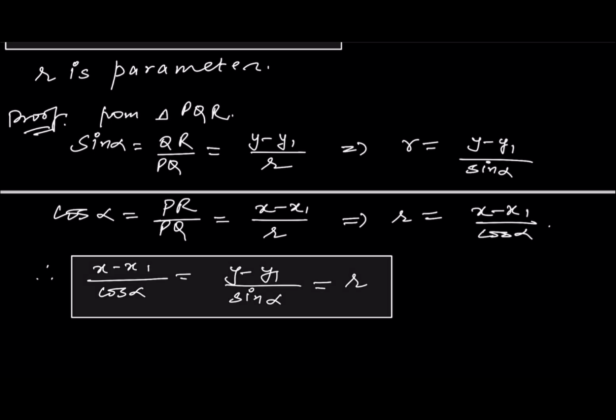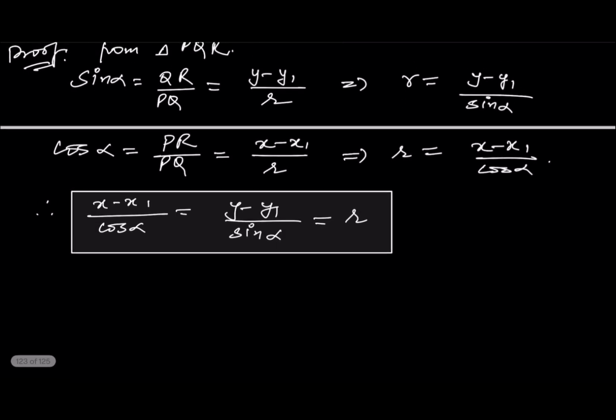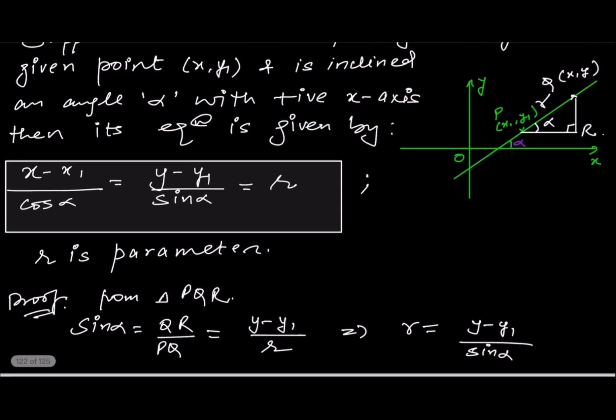The question arises, why do we need this form? We have already discussed 6 forms. Then why do we need this particular form? It is required when we want some coordinates on the given line.